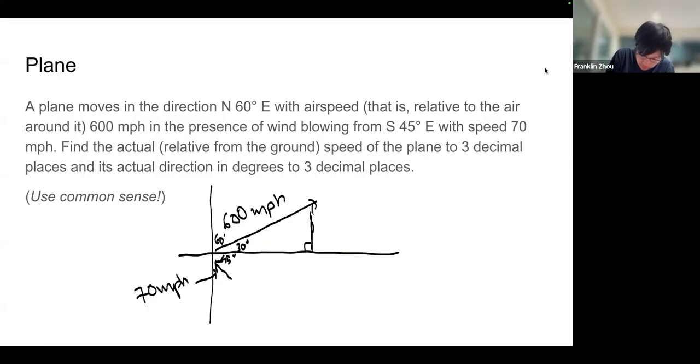So this plane's vector, I'll label it in red, is composed of a vertical vector. We notice this is just a right triangle. This is basic trigonometry. So it would be 300 upwards, and rightwards it would be 300 root 3.